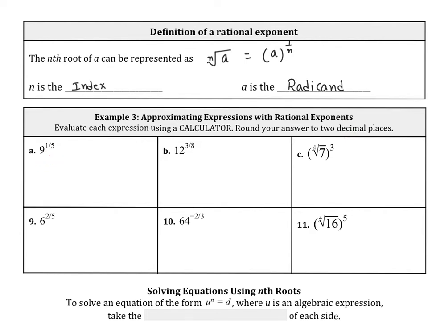There are many different calculators we can use to find the answer. If you're using a simple calculator which has this button, it is used for power. So 9 to the power, bracket open, 1 divided by 5, bracket close will give you the answer, and that's going to be 1.55.